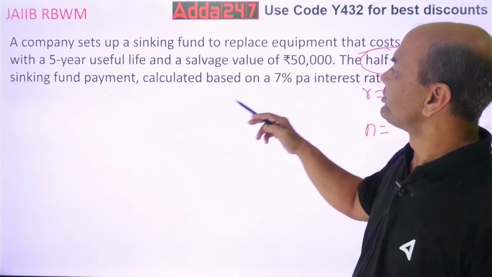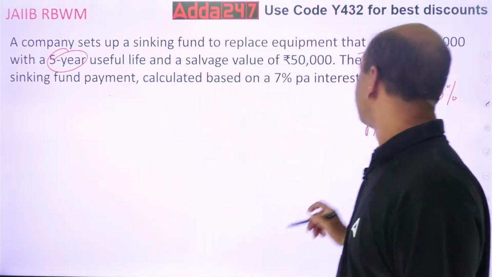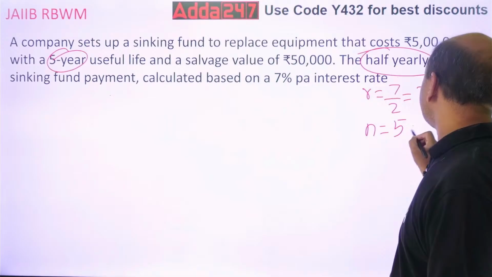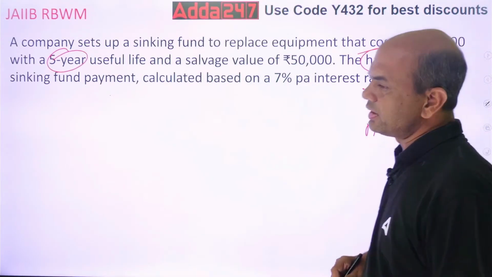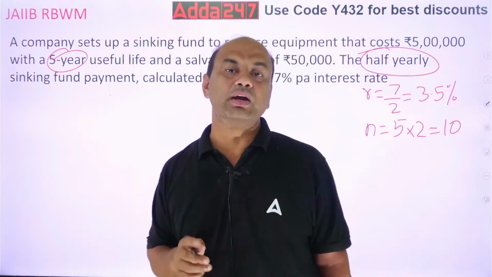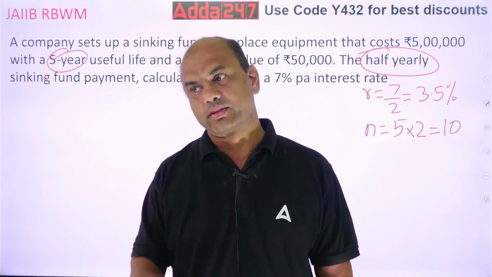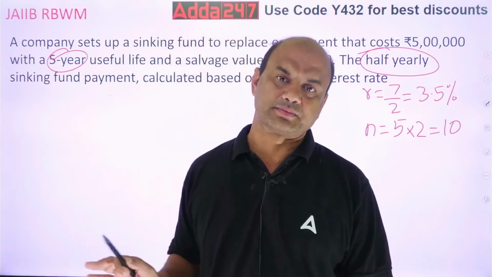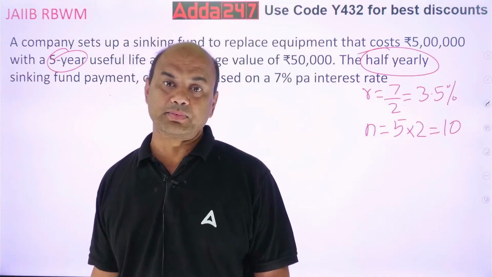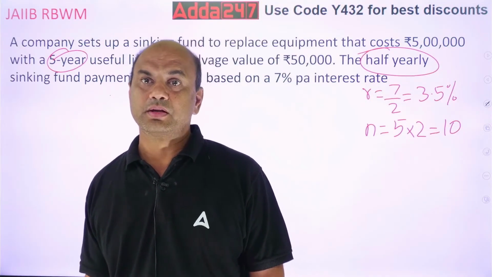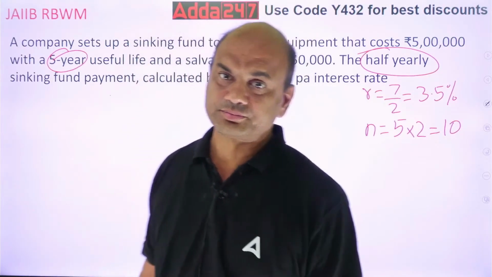N given is 5 years useful life, so N equals 5 into 2, that is 10. Never forget this basic. Got the concept clear?